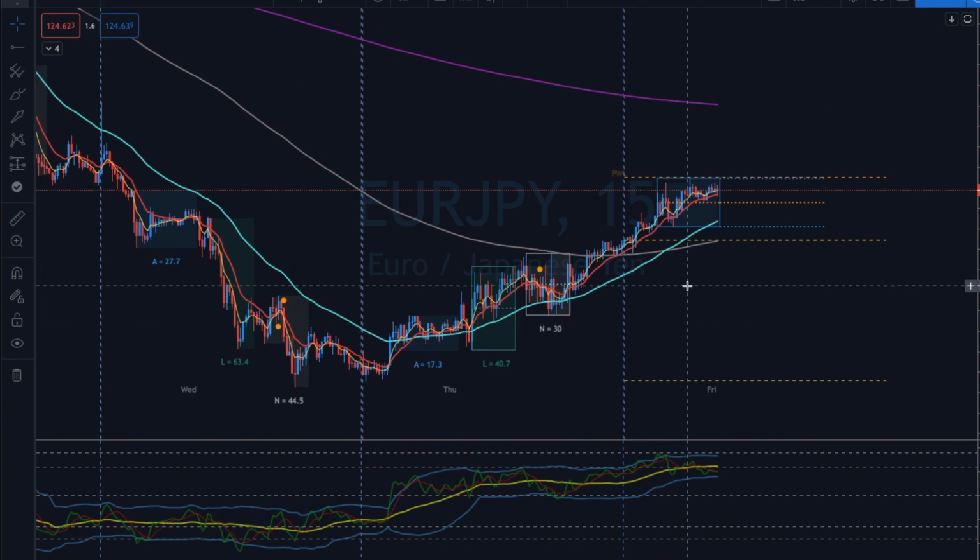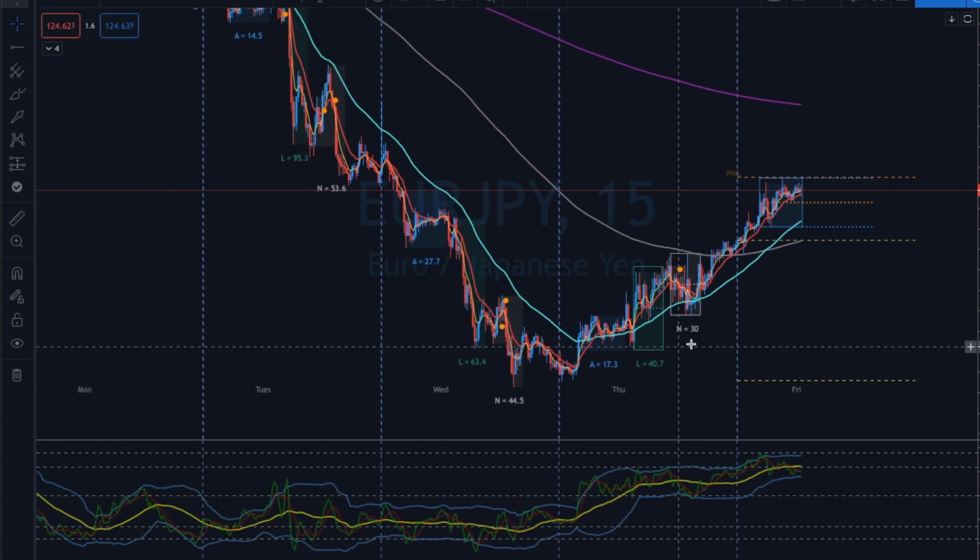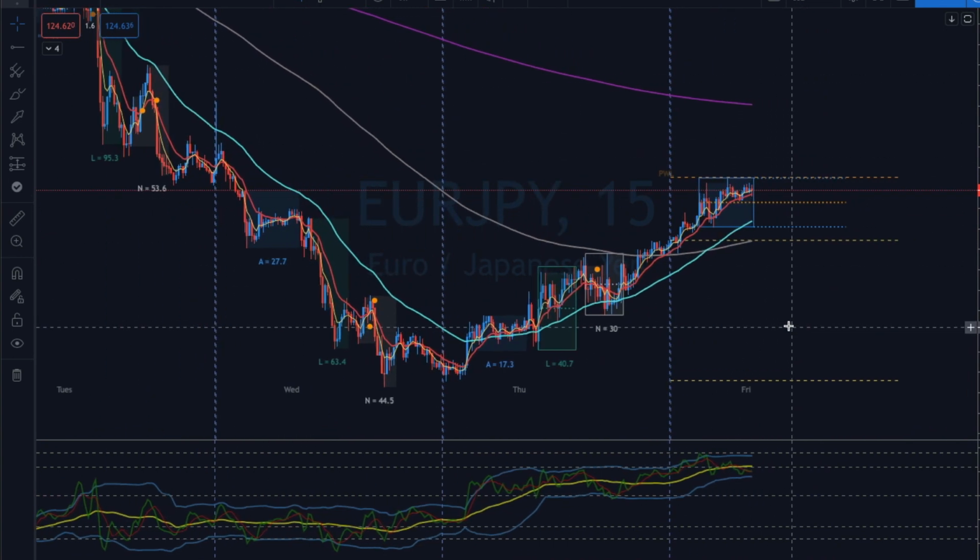Because now you're not in a strong downtrend. You're not trading where the 800 and the 200 are above you anymore, right? Now the 200 is below you. So you can see that there's a transition happening from going down to now going up, right?